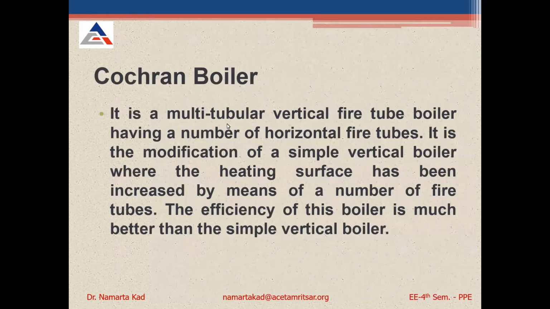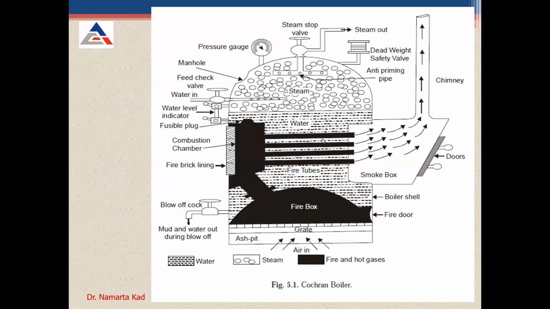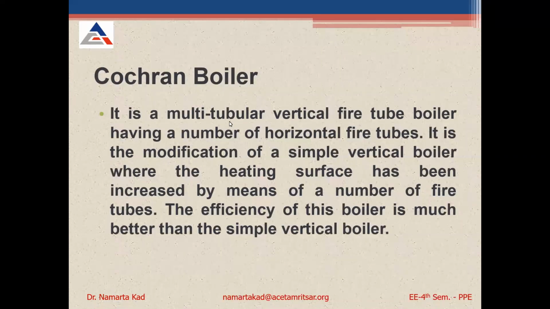So it is a multi-tubular vertical fire tube boiler. The Cochran boiler comes under the category of fire tube boiler because in its tubes there is fire, and water is outside these tubes. It is a multi-tubular vertical fire tube boiler having a number of horizontal fire tubes.